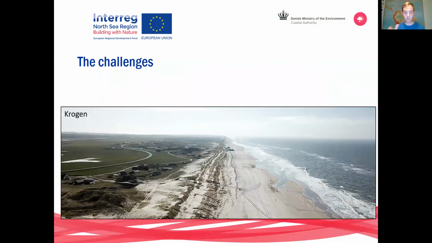Again, we move to the area of Krogen. You have already seen this image once before, but it's actually a pretty good illustration on how the sources or the water and the waves and the storm impacts are both creating an erosive problem, but also a flooding potential for this area.